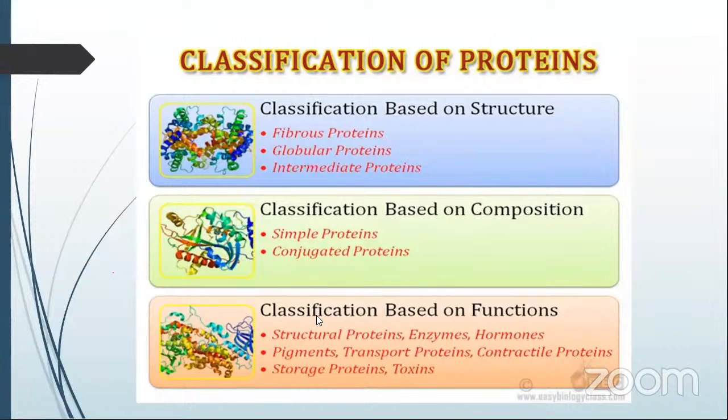Whereas the classification based on functional analysis is very important, because if you are working on drug designing for any disease, for example cancer or viruses, finding a druggable target requires knowing the functional classification. It covers structural proteins, enzymes, hormones, pigments, transport proteins, storage proteins, and toxins. So this is how the classification of protein based on structure analysis is carried out.